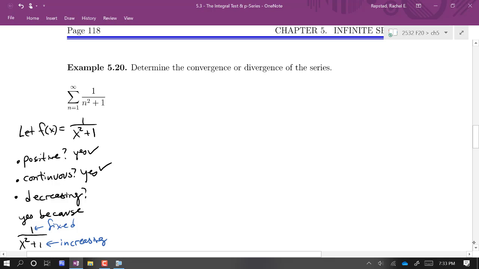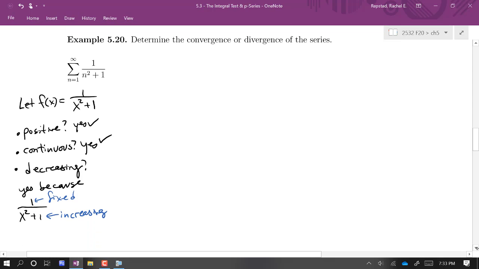So we could also make a simple argument in that way. That argument was harder to make in the last example, because both the numerator and denominator were increasing. So we kind of needed to rely on the derivative then. So anyway, we've been able to answer yes to all 3 of these.